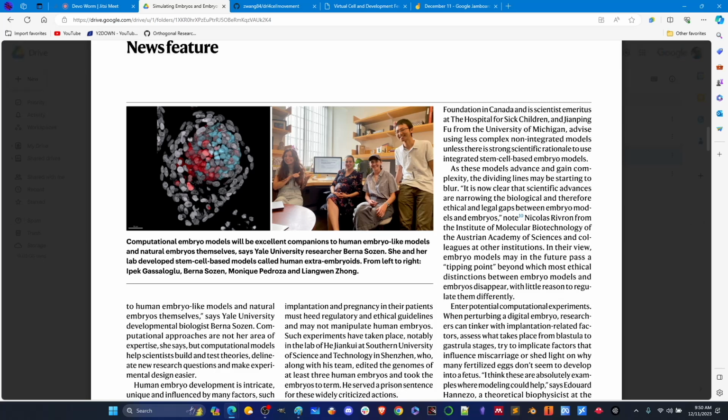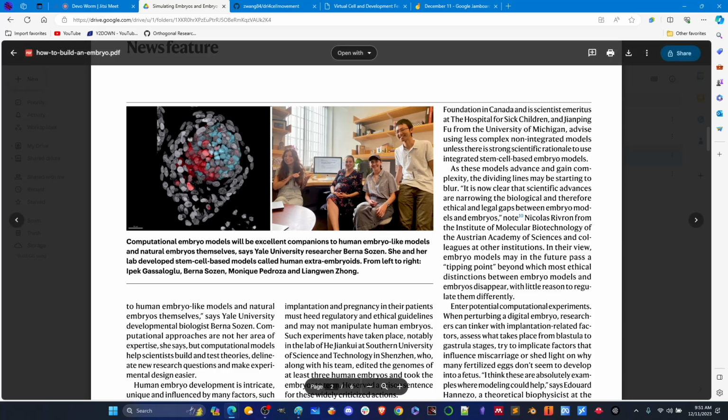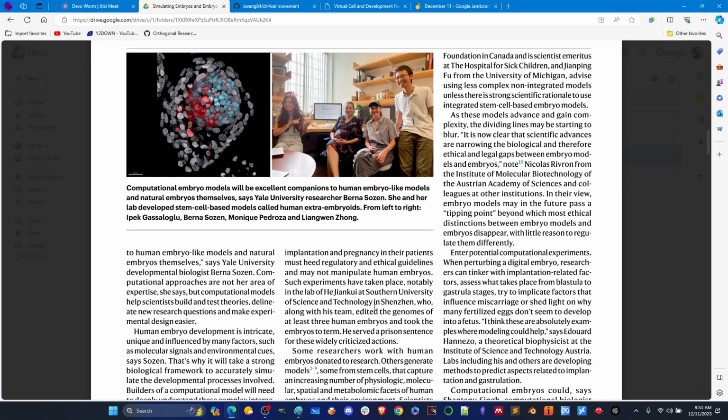They're models in the sense that they're not actual embryos, but they're embryo-like models. And Morgan knows what I'm talking about from Saturday when we talked about some of these embryo-like or stem-like cells. They have different gene expression profiles than your typical embryo or stem cells, but they behave like them and have very similar phenotypes, so we can use them as models.